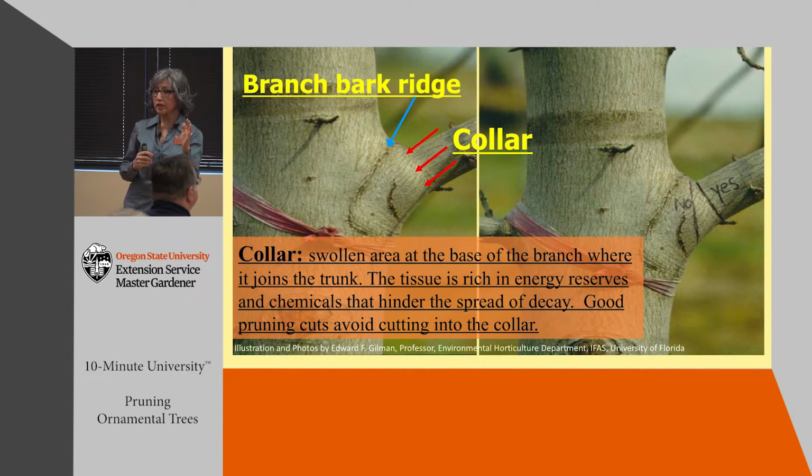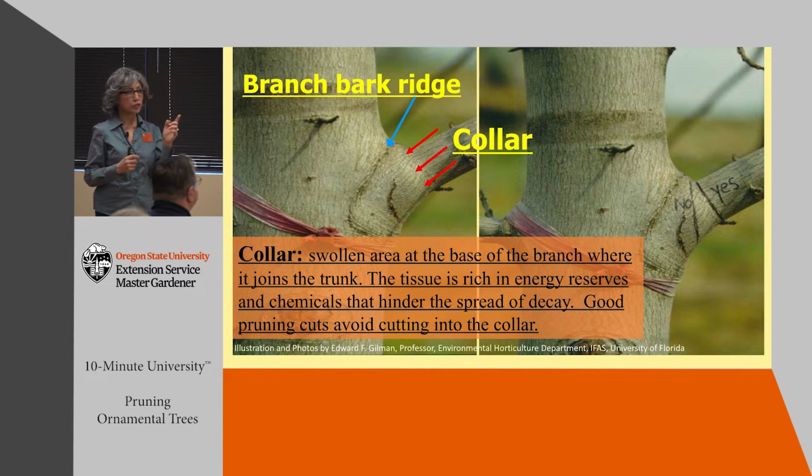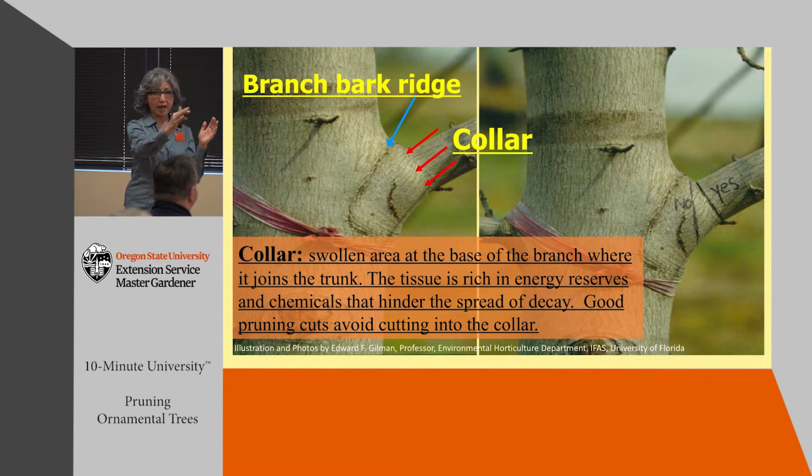So go home and take a look at your tree, find the branch bark ridge, then move toward the stem, not the trunk, and look for the branch collar. The collar could be a slightly swollen area as is shown in this picture, or it could be a form that looks like tree rings.